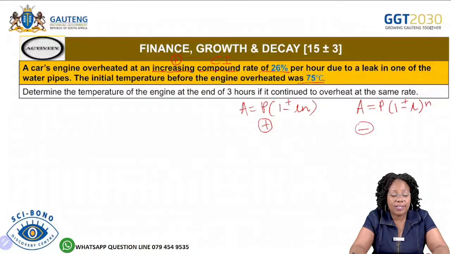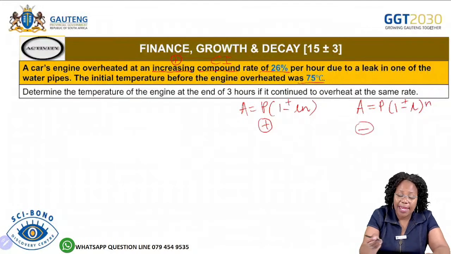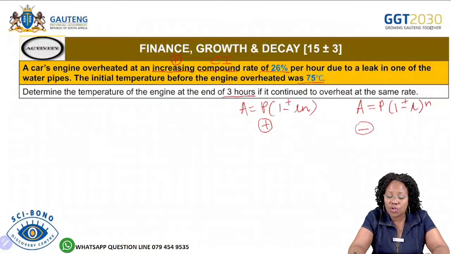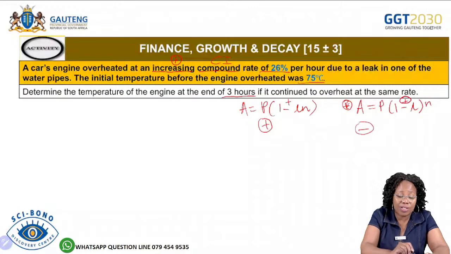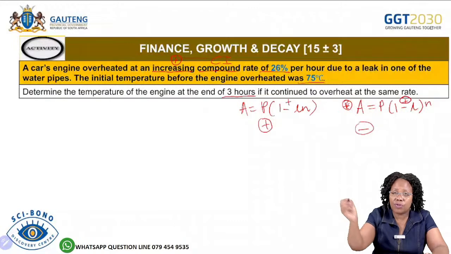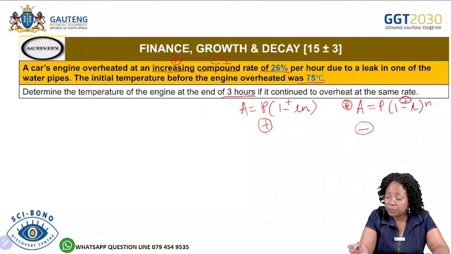And the question is, determine the temperature of the engine at the end of 3 hours if it is continuous to overheat at the same rate. Now, grade 12, we have identified that we are depending on the compound interest of a positive now. So now if you look at the compound interest now and you want to determine the temperature of the engine at the end, that means we are looking for the value of A.